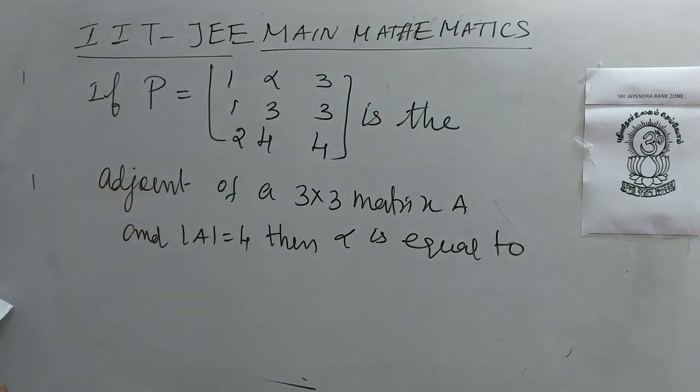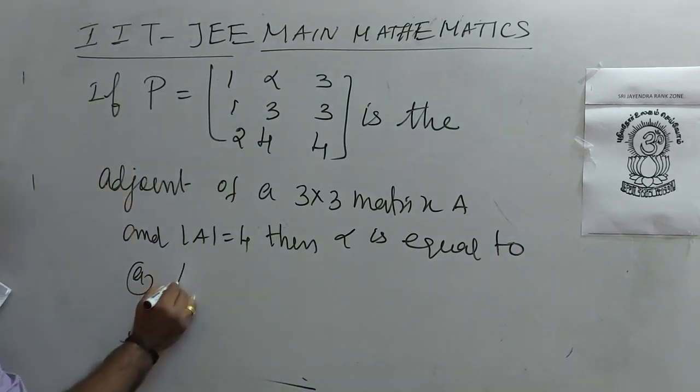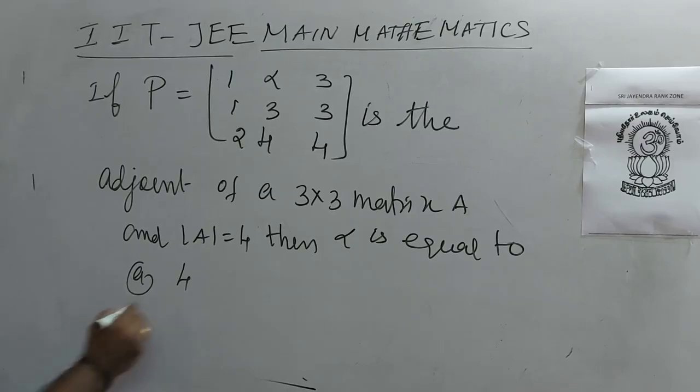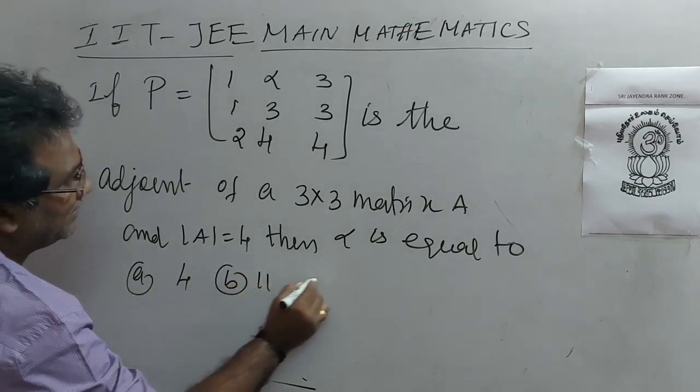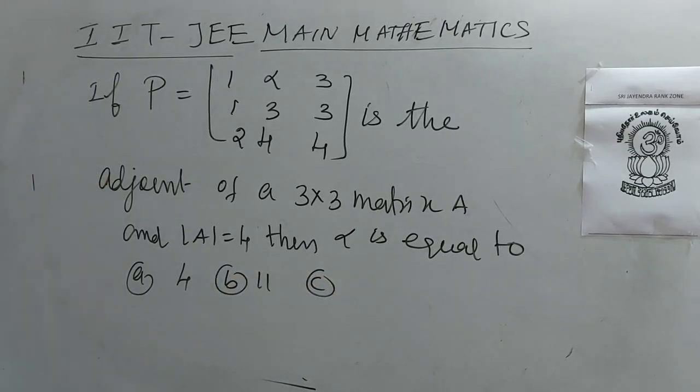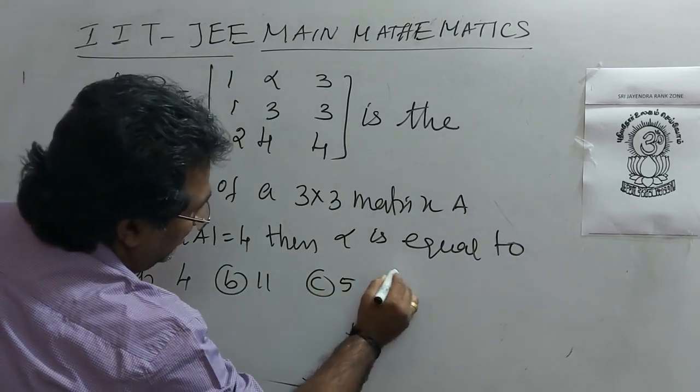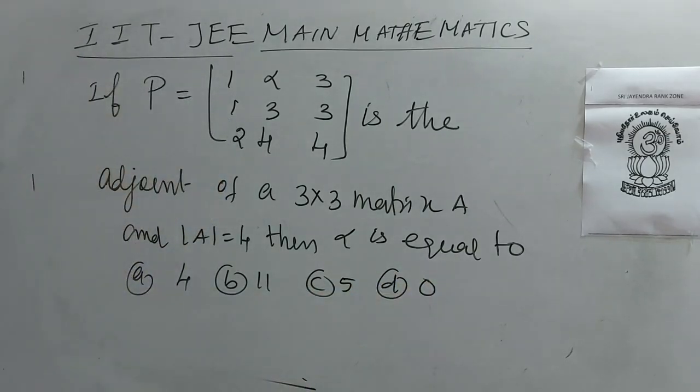Then alpha is equal to: option A 4, option B 11, option C 5, option D 0.